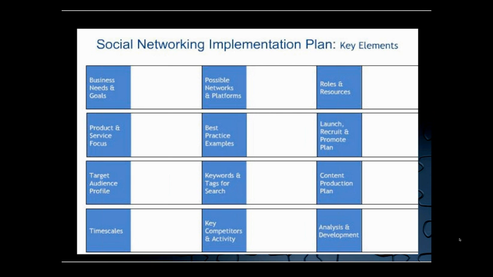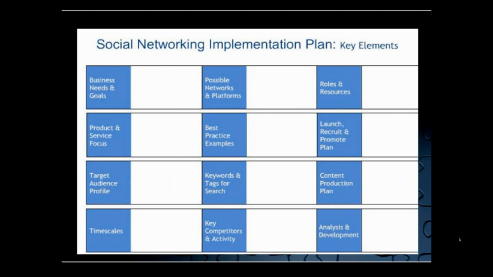So social networking implementation plan. These are the key elements. This is something, if you get the recording, that you can go ahead and take a screenshot of and print for your company and go through business needs and goals. Go through your possible networks and platforms that you currently have in place.